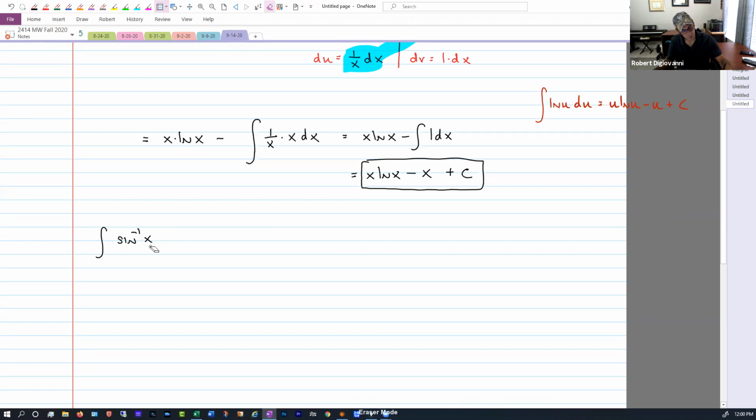You know what, on this one, let's make it arcsine of beta x dx. So there, that little b thing in front, beta, is a constant. So I'm not telling you what it is, all right? It's a constant. The variable in the problem is x.